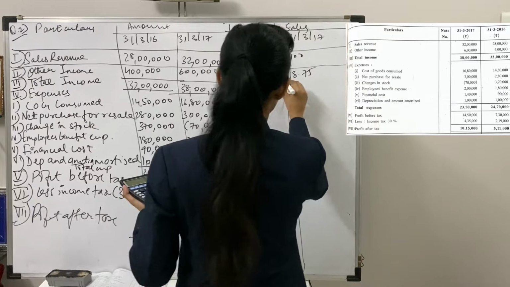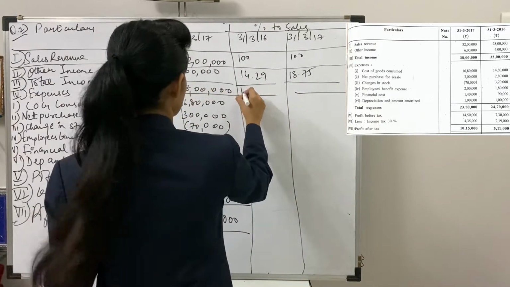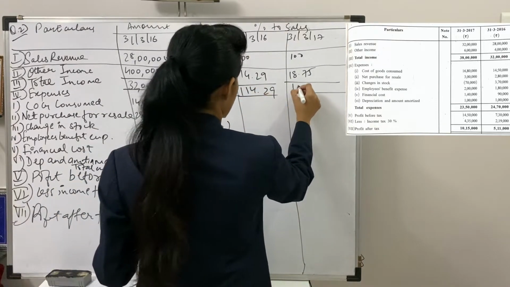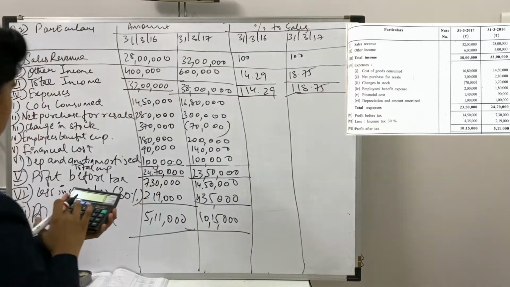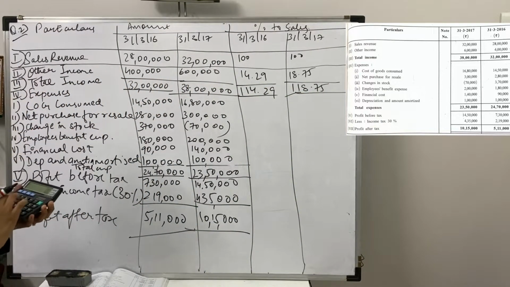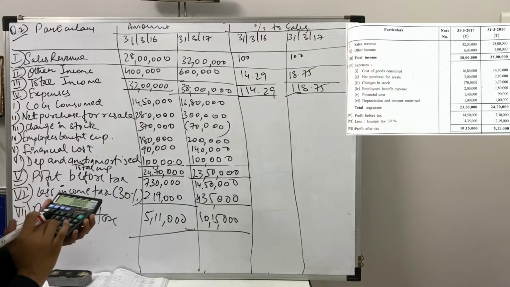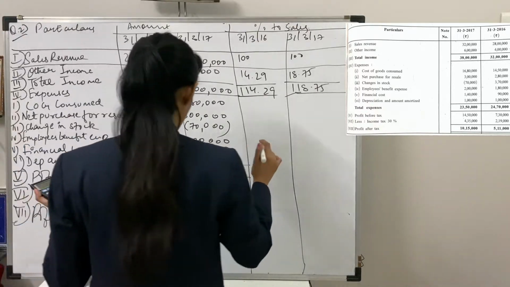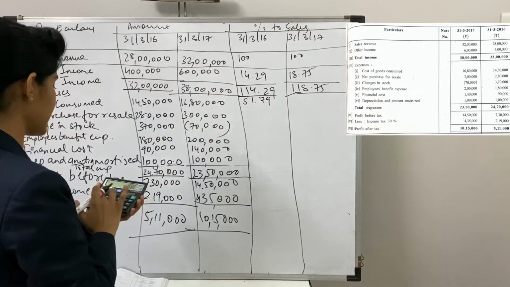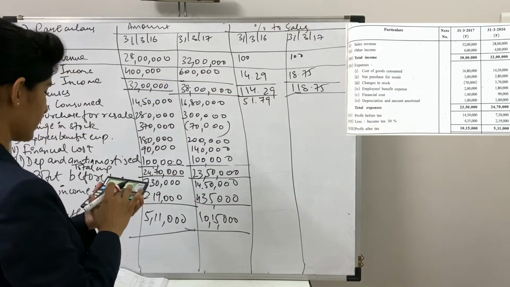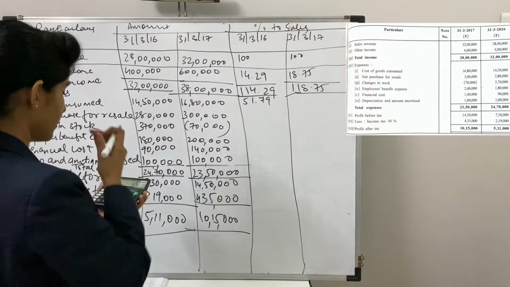So your total will be 114.29 and 118.75. Now coming to this, 14 lakh 50,000 into 100 divided by 28 lakh. Getting 51.79. Coming over here, 16 lakh 80,000 into 100 divided by 32 lakh.